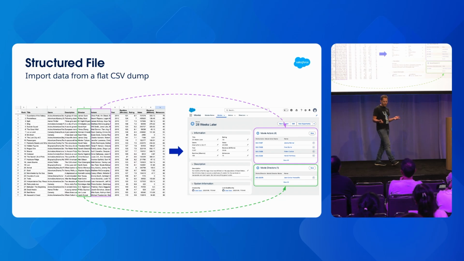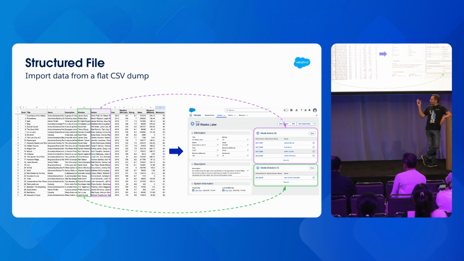And you already have a CSV import, of course, as part of Salesforce, but you can do smarter things with an agent. You can actually have multi-object CSV dumps. In the example I have here, I have a single CSV file which contains multiple objects with relationships. This is a list of IMDb, so movie database files, which contains movies, but also actors and directors.